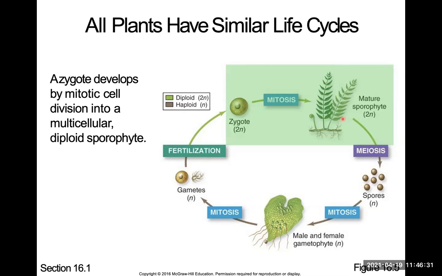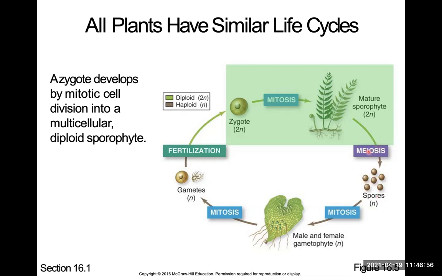And then it's going to go through meiosis. If you remember, for us, it was opposite. It went through mitosis, and meiosis was referring to the sex cells, sperm and egg coming together, but here it's meiosis and it's turning from diploid to haploid, so it's opposite. It's going to go through meiosis, and it's going to give you these spores.